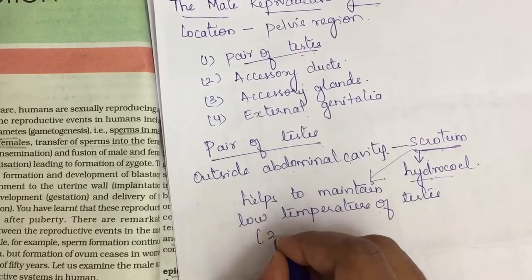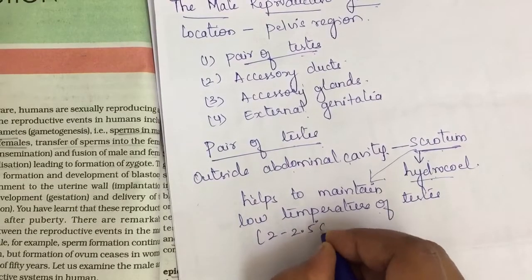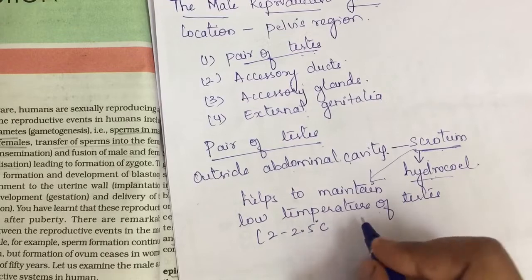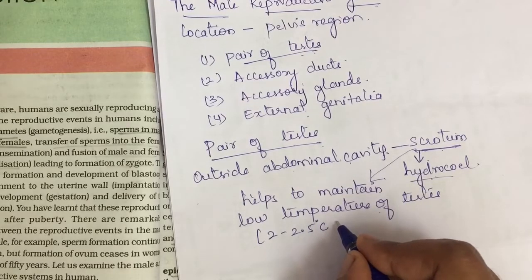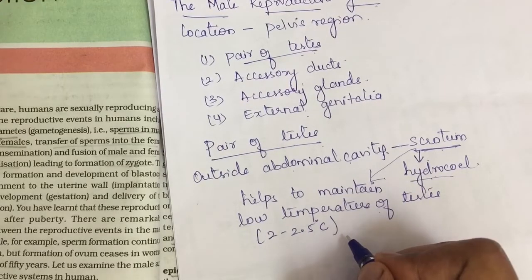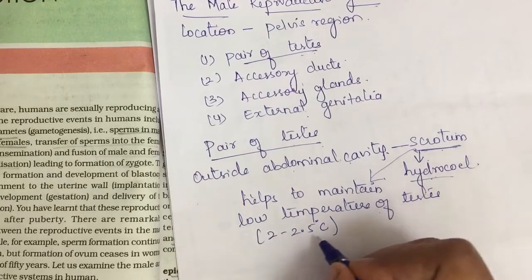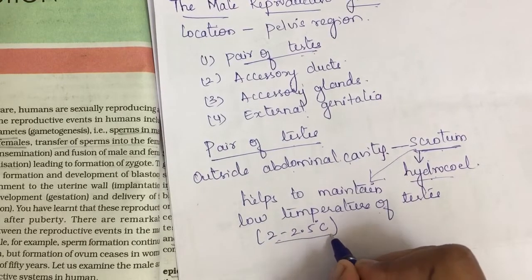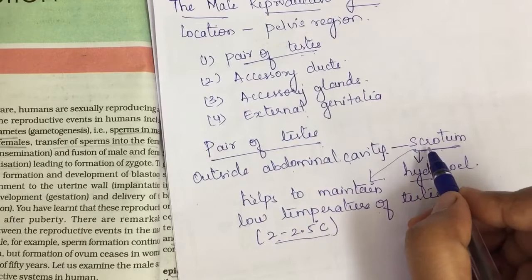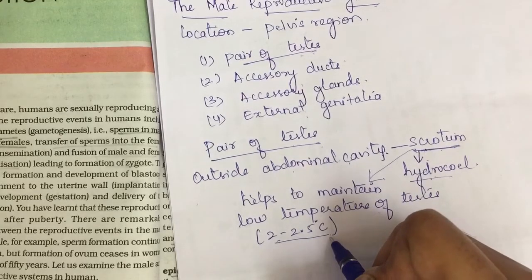What is that low temperature? 2 to 2.5 degrees centigrade lower than the normal internal body temperature will be maintained by the scrotum. Now why is this required?